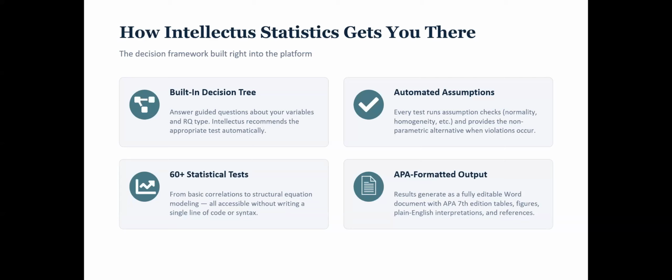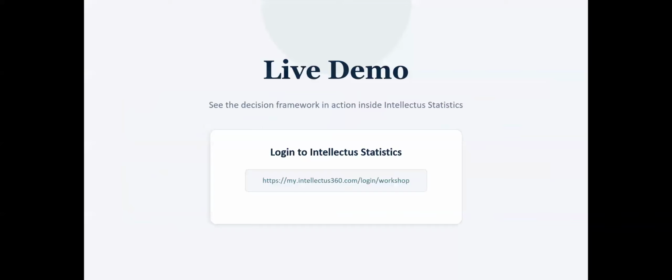For any old timers on this call who were raised on SPSS, none of that happened. Well, you had the tests, but you didn't have the assumptions built in or the APA or decision tree. So Intellectus is an innovation beyond even current day SPSS.